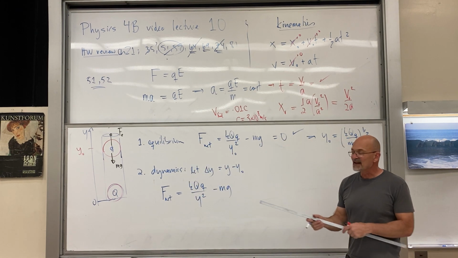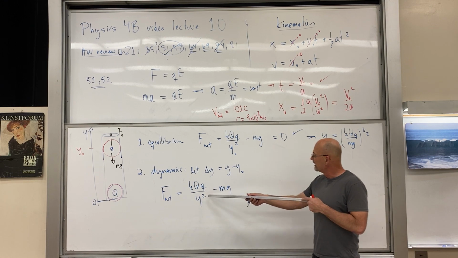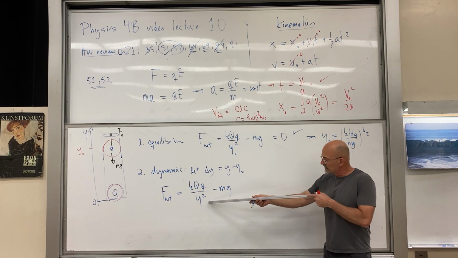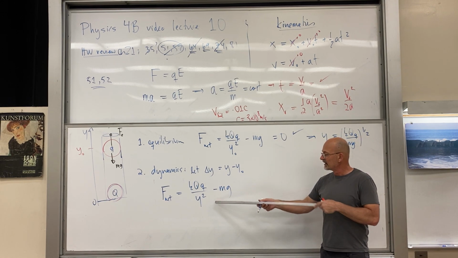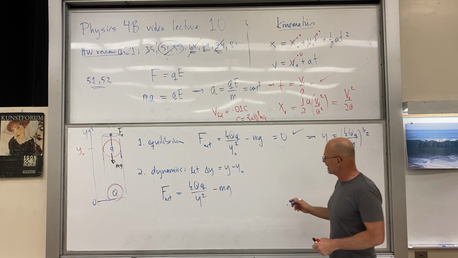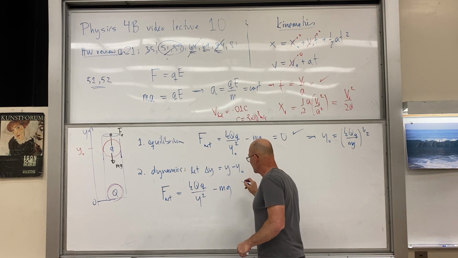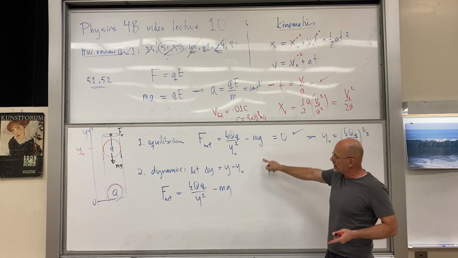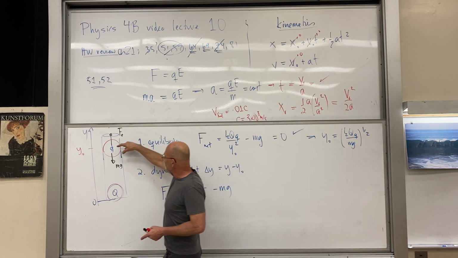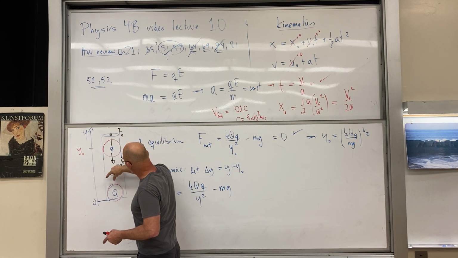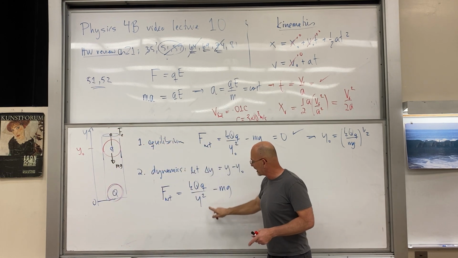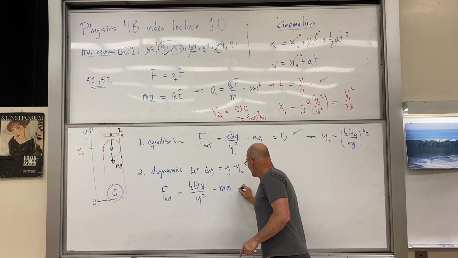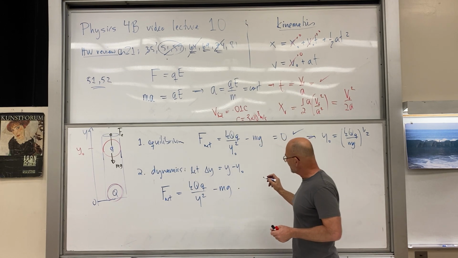This is different because I'm not saying the equilibrium position where it's 0, it's just a difference. So when y is equal to y sub 0, F net is 0, as we found up here, but otherwise, if you lift it up or push it down, you have a different force. So this is kind of a sophisticated problem.